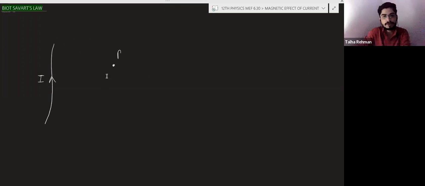If you want to calculate the magnetic field at this point due to this current carrying wire, then Biot is the name of the scientist who has given the expression. Suppose this whole wire is AB.